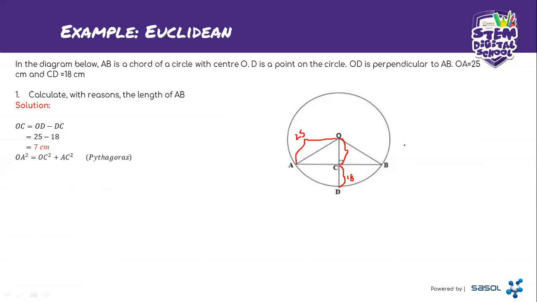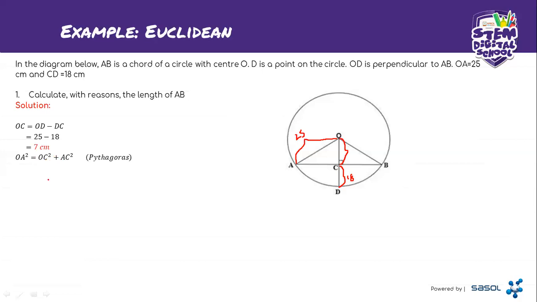Since we've got two sides on this right angle triangle, we use the theorem of Pythagoras to determine the length of AC first.